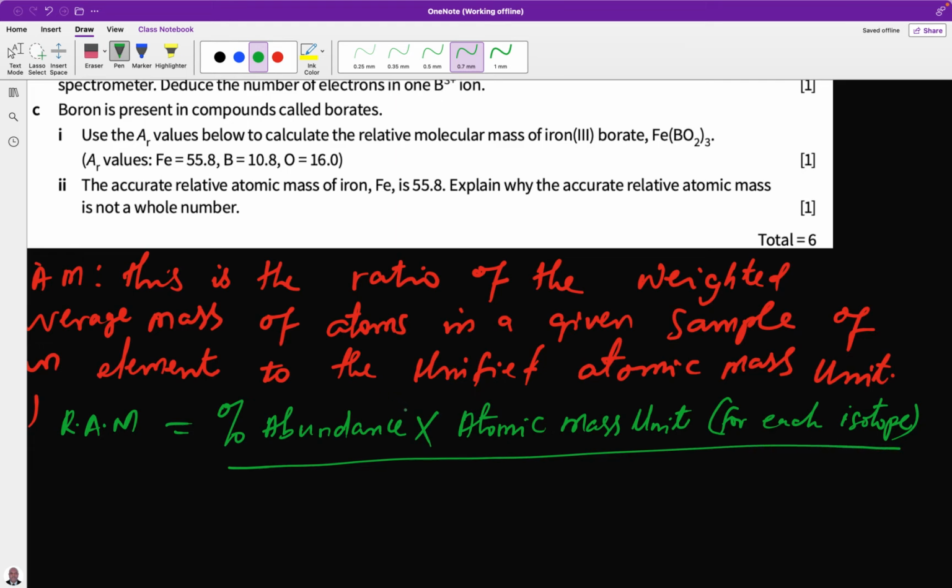The total percentage abundances. So in this case, this is what I really mean by this.